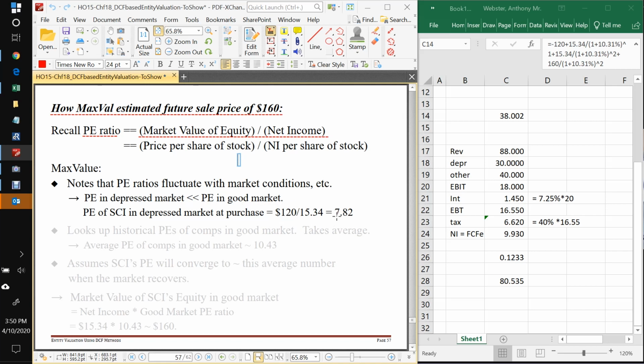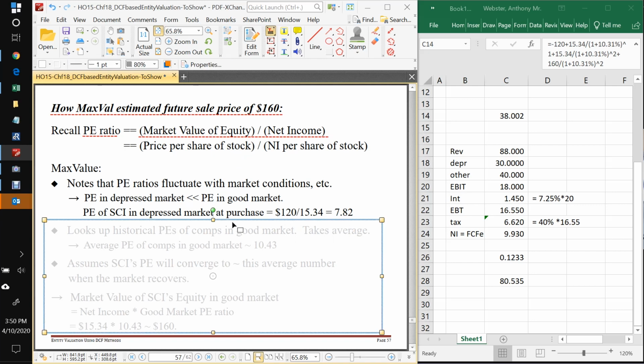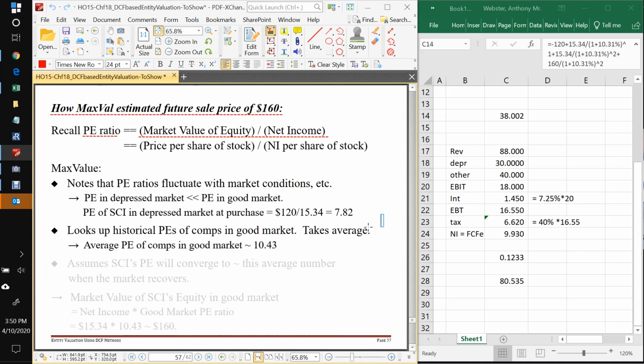was only 7.82. And what they did then was they looked up historical PEs of comps, of comparable firms in a good market. They pay for this database. They pay maybe $2,000 a year for this kind of database.